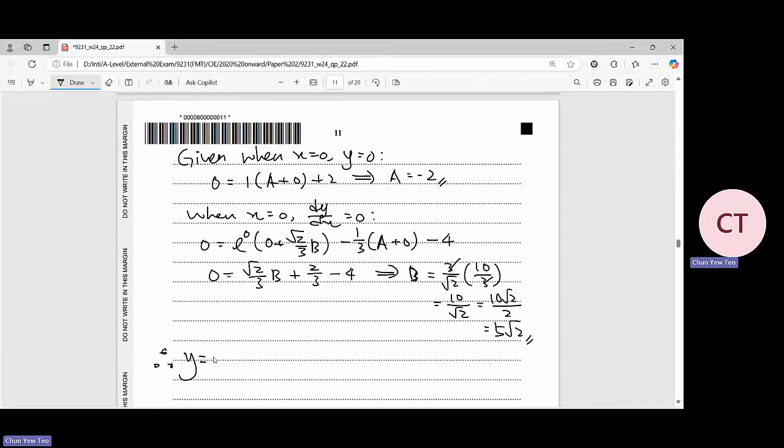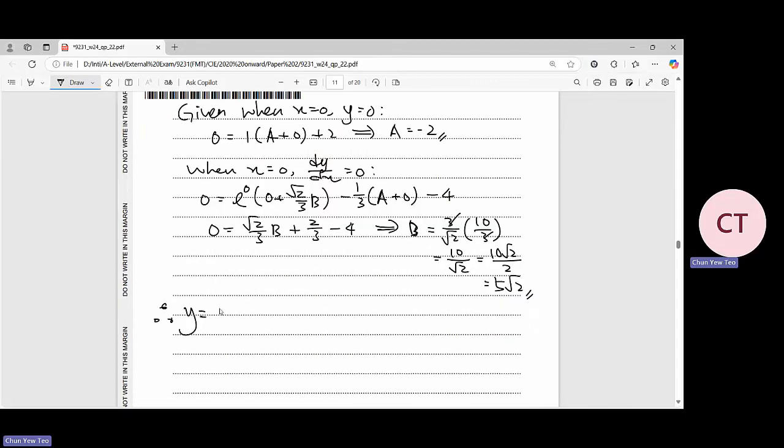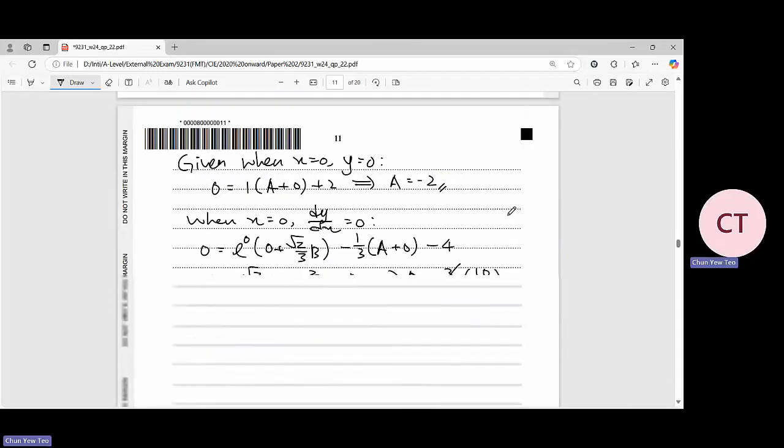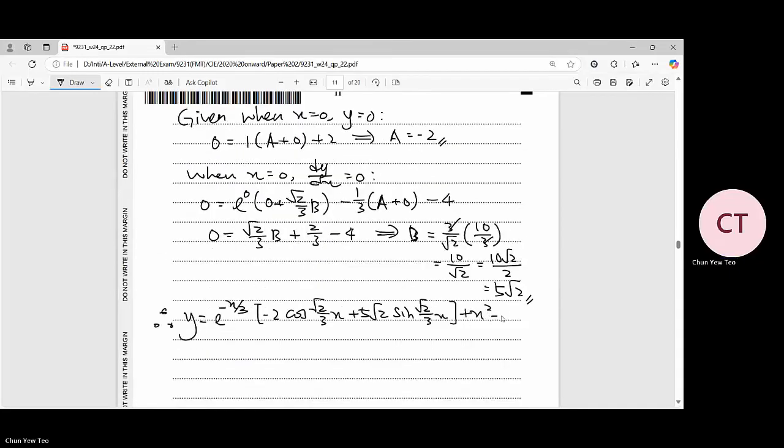So therefore, your particular solution, now that you have found a and b, will be e power negative x over 3, a cos 2 over 3 x plus b sine 2 over 3 x, and then plus the quadratic from just now, x squared minus 4x plus 2.